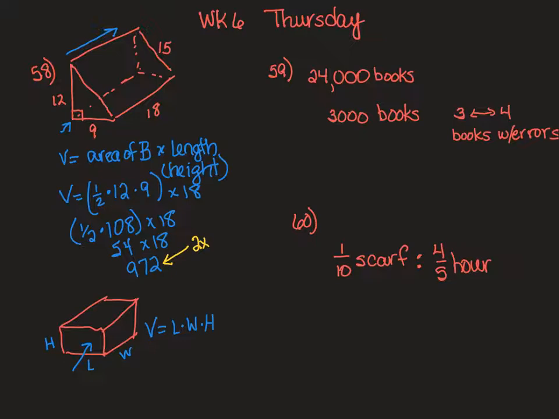I know that the amount of books I'm printing is 8 times more than the ratio they're giving me. So for every 3,000 books, I have 3 and 4, but I'm printing 24,000, which means my ratios have to increase by 8 times. I have a range here of 3 to 4, and I'm going to have to increase that range 8 times.